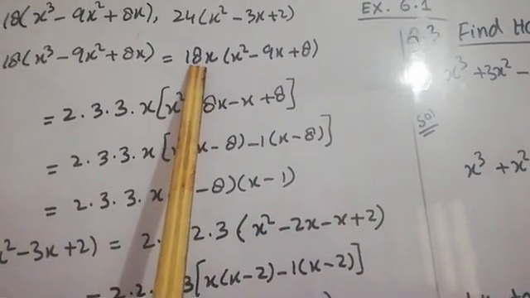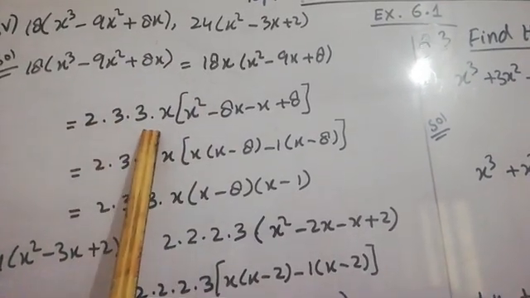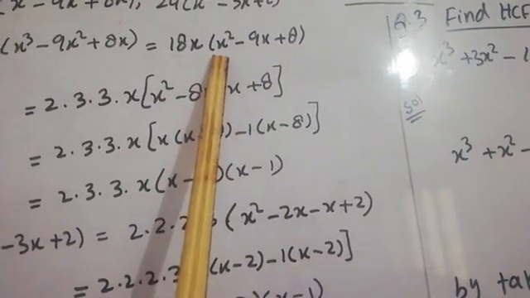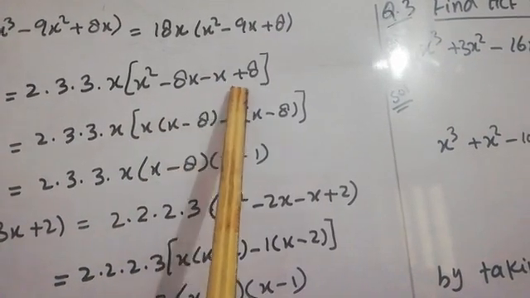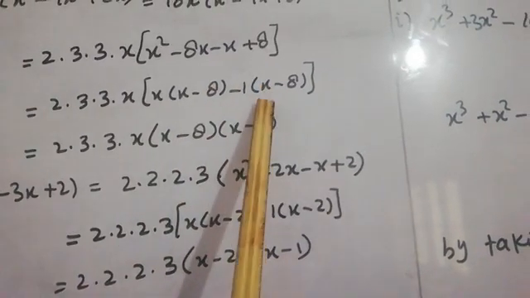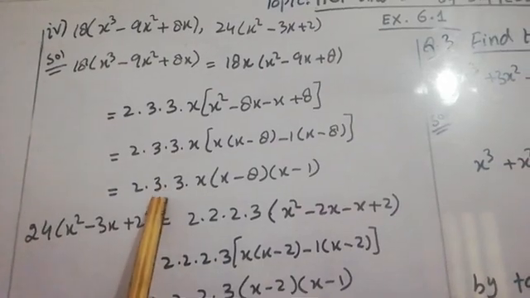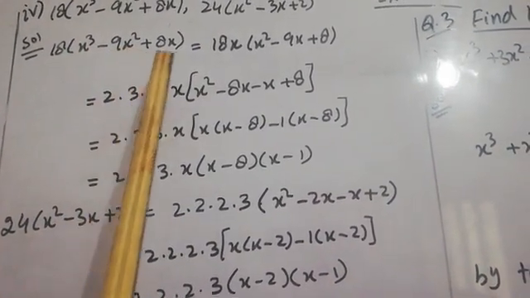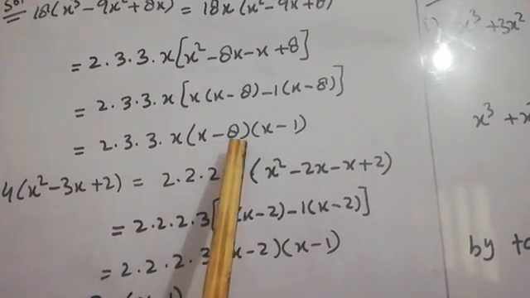Now, we will find the prime factors of 18, which are 2 into 3 into 3, and x is written as it is. Now we will factorize this expression by mid-term break and get x² - 8x - x + 8. Now, my dear student, we will take x common from the first two values and -1 common from the last two values, and now we will get the possible factors of 18x³ - 9x² + 8x: 2 into 3 into 3 into x, (x - 8) and (x - 1).